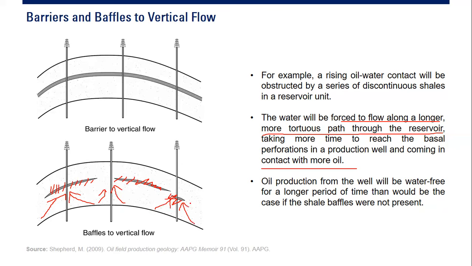So either the perforation will meet the rising oil-water contact, or you will basically have a water coning problem. So both problems will give you water production, either a rising water-oil contact that reaches the perforation, or water coning that finally reaches the perforation. Both of them, without hindrance to vertical flow, will give you water production, which is not very good for us.